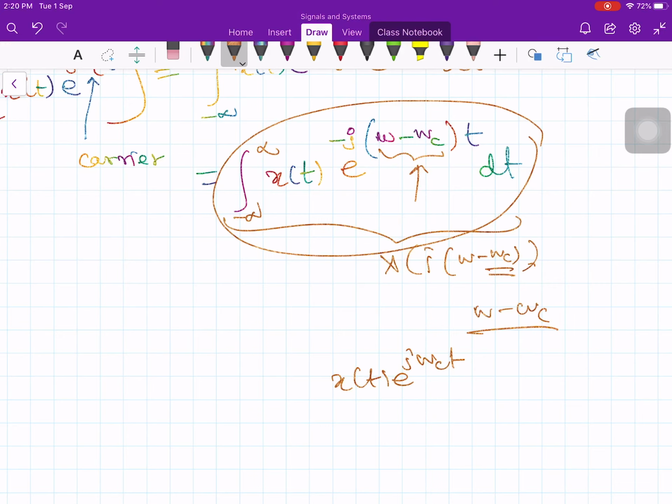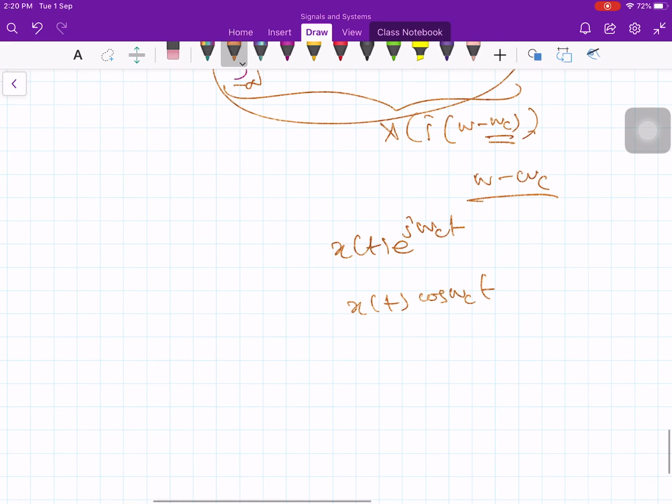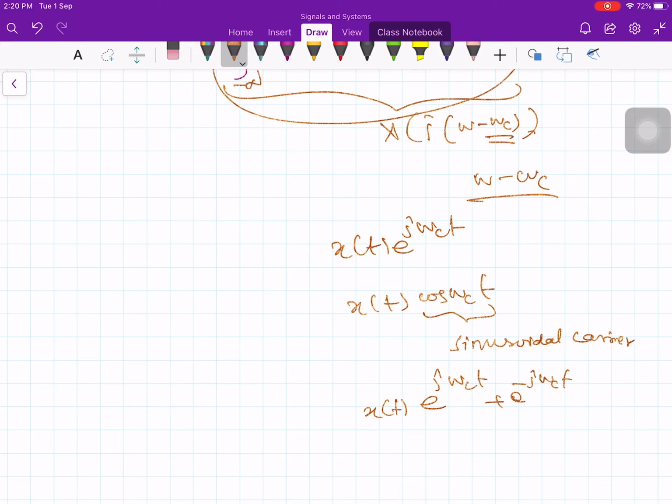Sometimes what you do is multiply x of t by cos omega ct, your carrier frequency, a sinusoidal carrier. Again, this sinusoidal carrier can be thought of as e to the j omega ct plus e to the minus j omega ct, and this whole thing is multiplied by x of t.